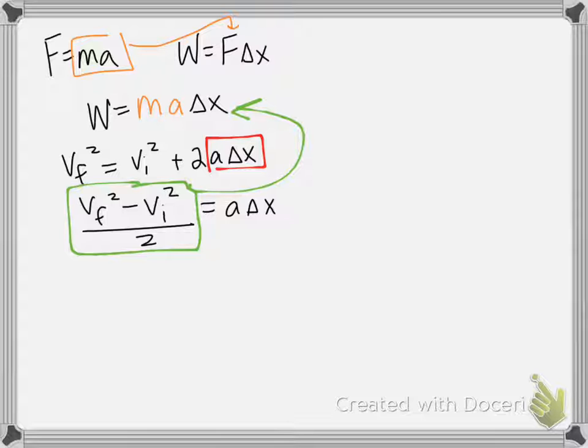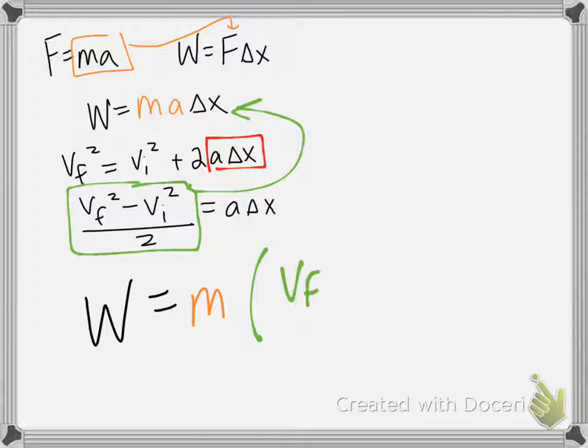So now we have W equals mass times acceleration, mass times (Vf squared minus Vi squared) over 2. We're going to distribute that across.